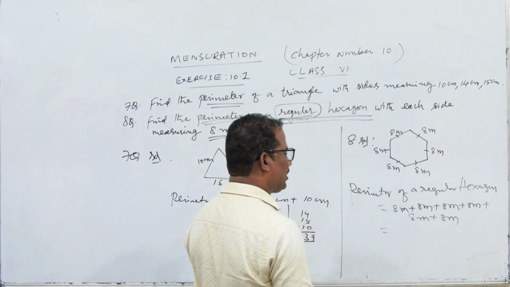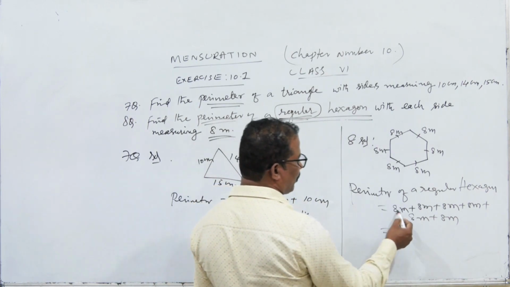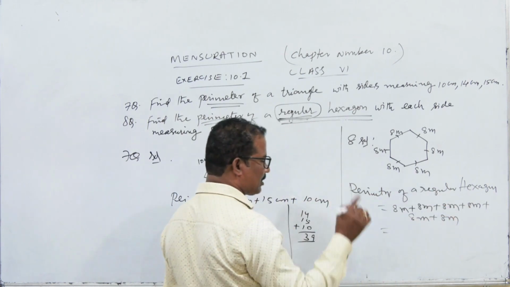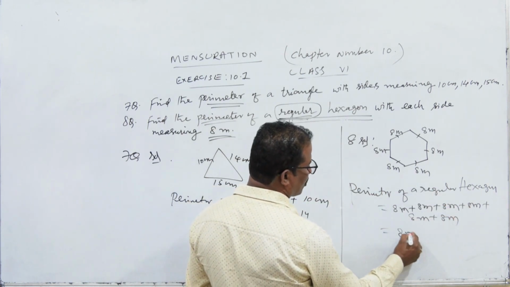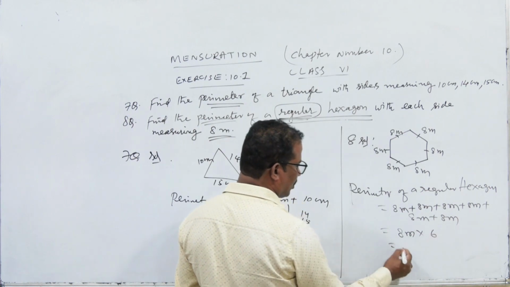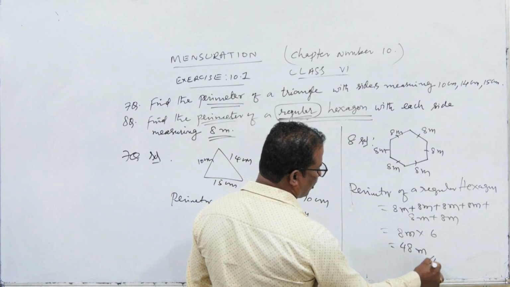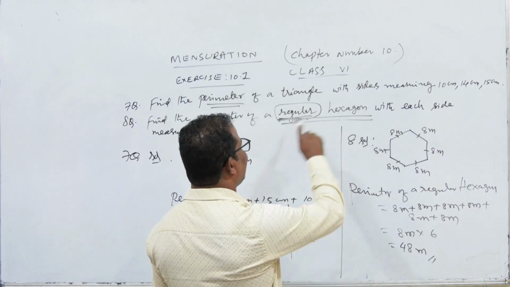So how many 8 meters are adding? There are 6, 1, 2, 3, 4, 5, 6. All the 8 meters are repeating 6 times. So straight away you can write 8 meter into 6 times. 8 sixes are 48 meter.